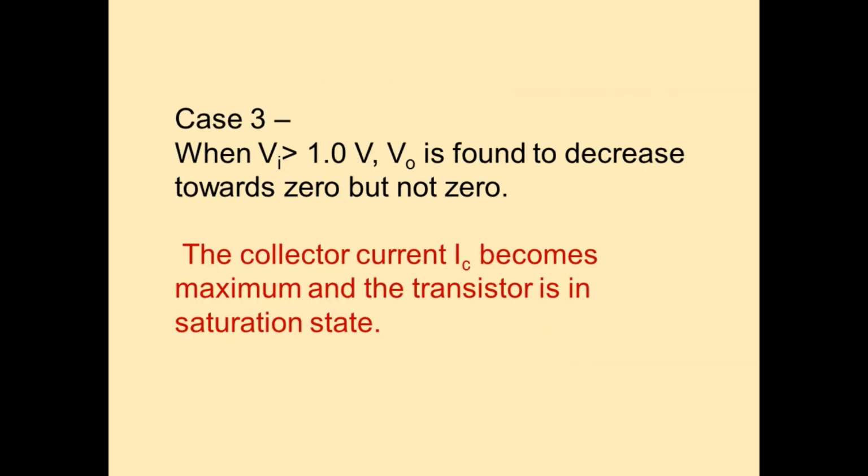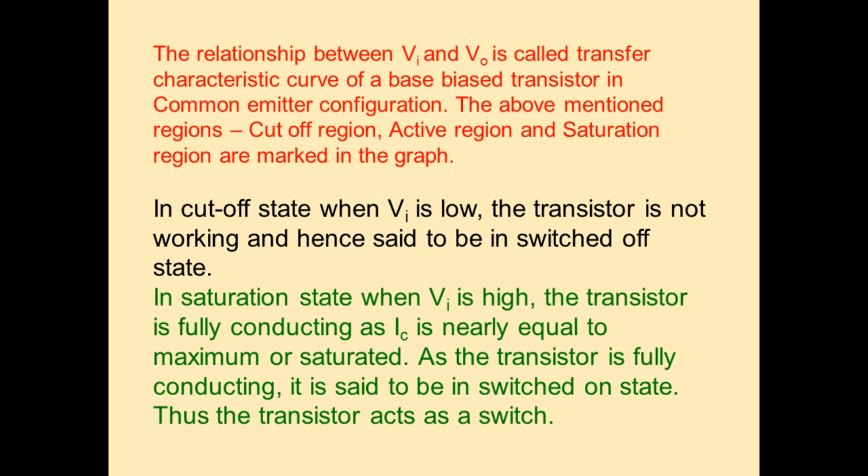Case 3, when input voltage is greater than 1 volt, the collector current becomes maximum and output decreases towards 0 and the transistor is in saturation state. The relationship between input voltage and output voltage is called the transfer characteristic curve of a transistor in common emitter configuration.